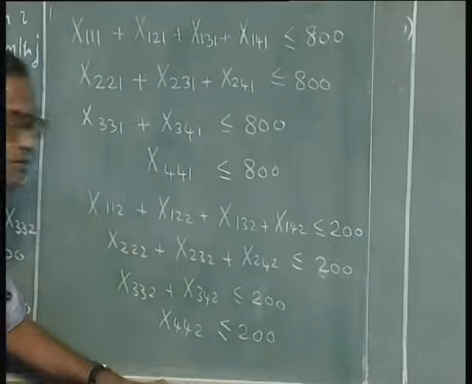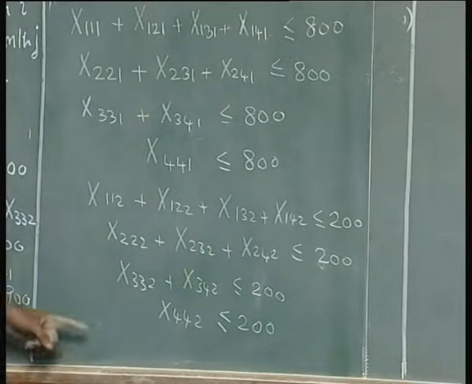So, this will also be 200. So, you have these capacity constraints written.